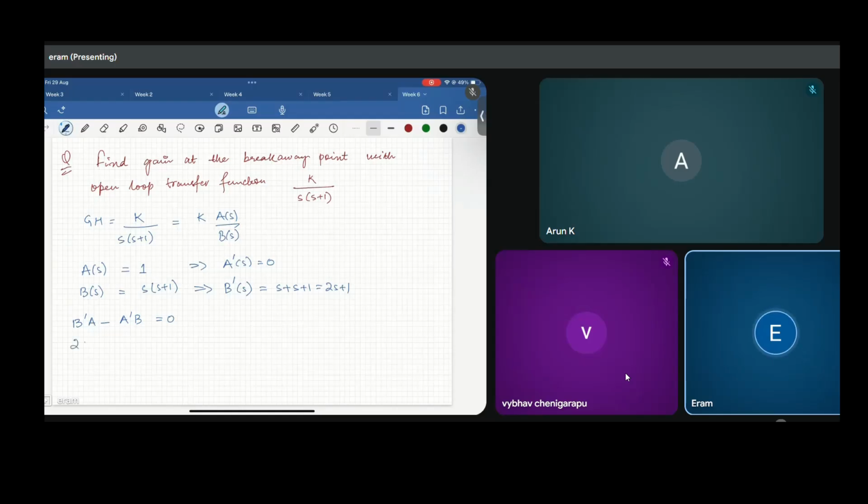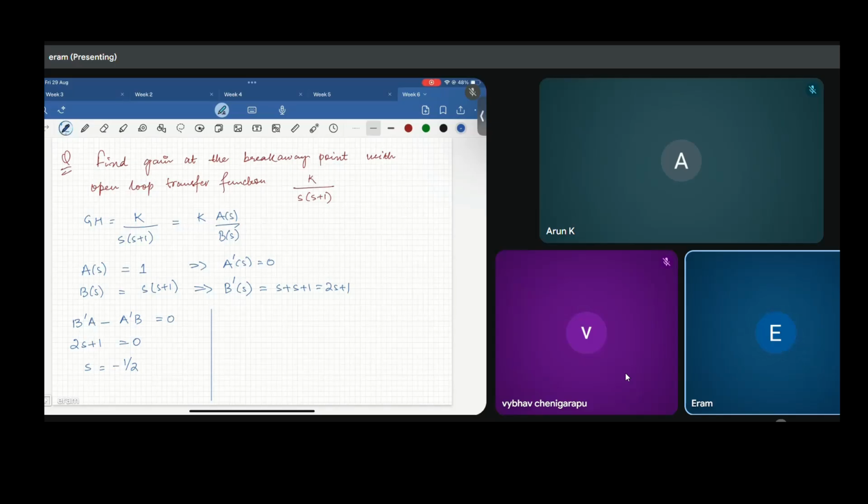Then we will get 2s plus 1 equals to 0, s equals to minus half. So this will be the breakaway point. Now at this point we need to find out the value of k.